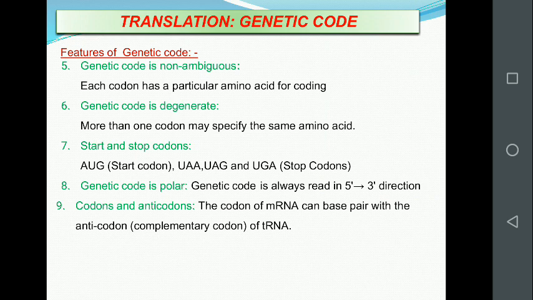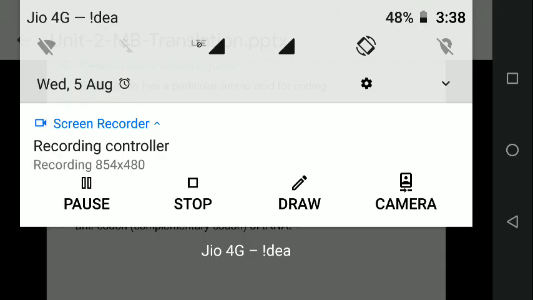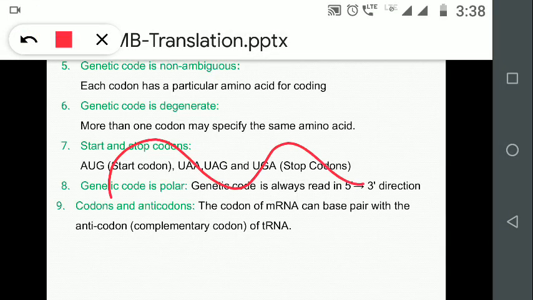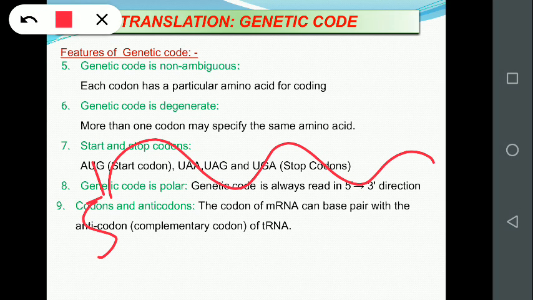But in case of translation also, the genetic code is read from 5 prime to 3 prime direction of mRNA. That means if you have mRNA this way, it has 5 prime here and 3 prime here.